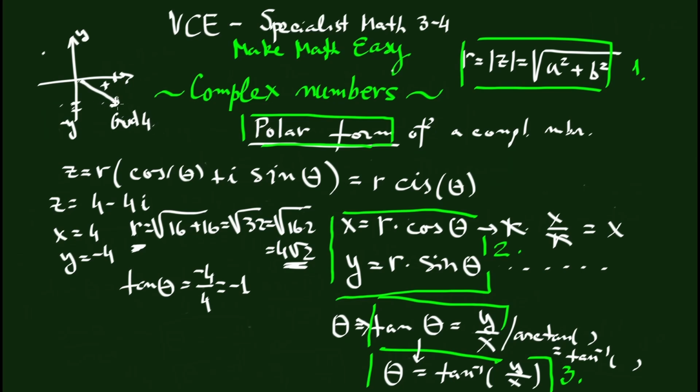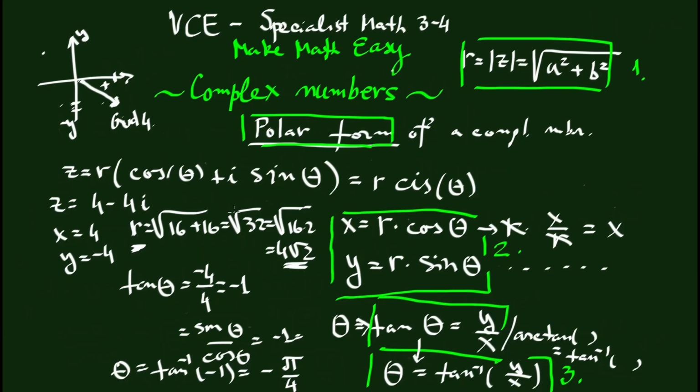Let's find theta. The tangent of theta equals minus 4 divided by 4, which is minus 1. We need to notice that y is negative and x is positive, therefore quadrant 4. Sine of theta by cosine of theta equals minus 1, so theta equals arctangent of minus 1, which in the fourth quadrant is minus pi quarter.